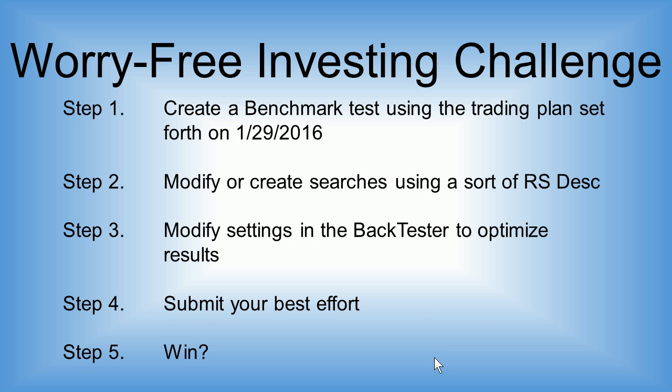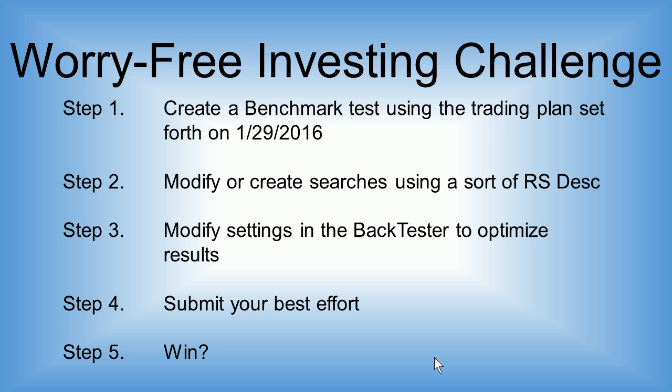And so you know what to do. Make sure to review the original trading plan as set forth on January 29th of this year. Then we want you to go in and create a benchmark test using the specific dates of May 17th, 1996 through February 26th of 2016.